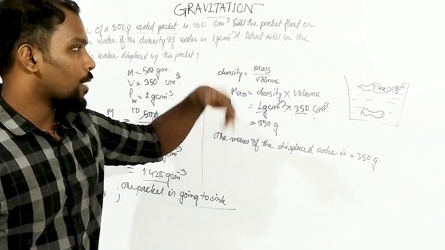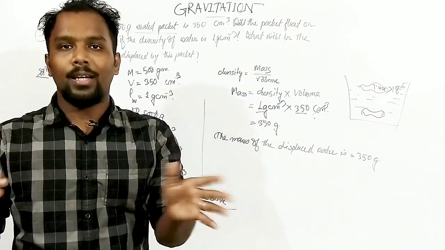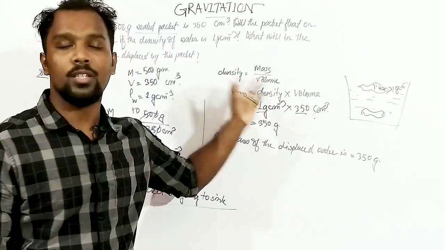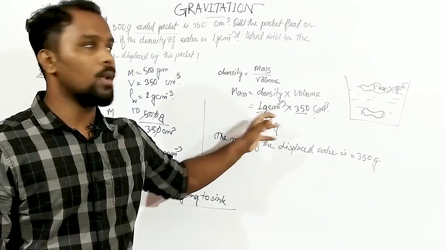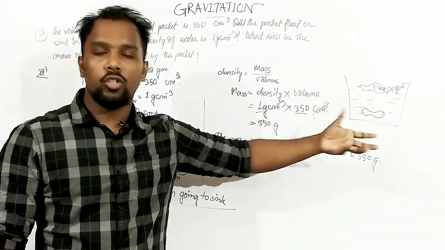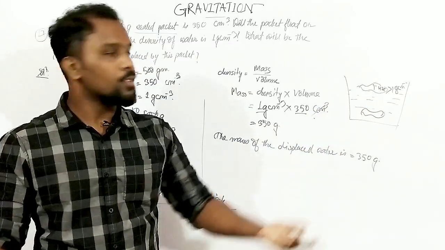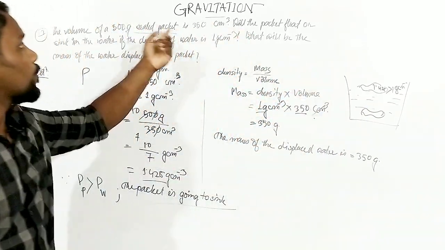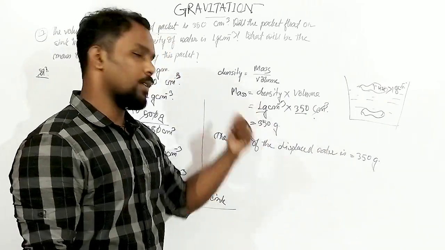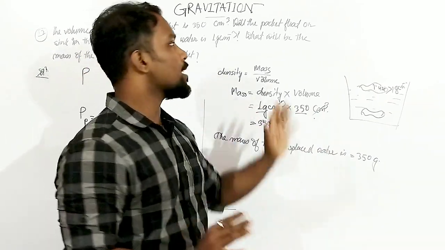Whenever you calculate the mass of the displaced water, consider the density of water, that is 1 gram per centimeter cube, and the volume of the packet, because the packet's volume displaces the water. That is 350 centimeter cube. So we have got 350 gram. That is the solution.